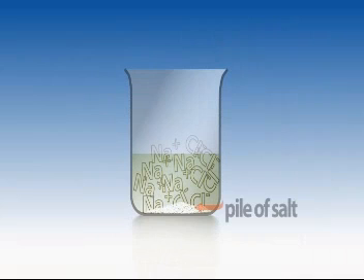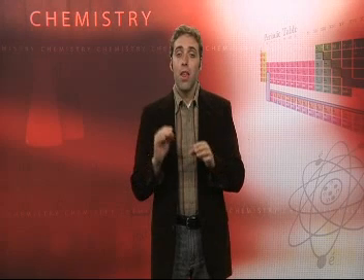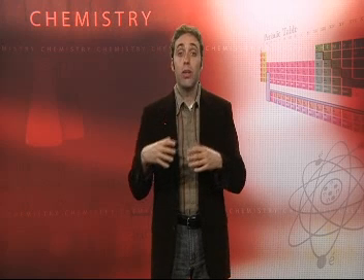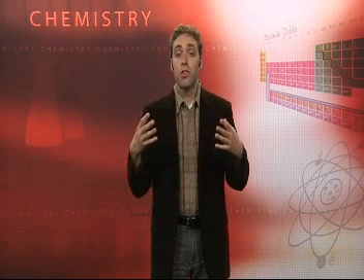Once this occurs, the concentration of the sodium and chlorine ions remains constant and the system reaches equilibrium. The amount of salt that must be added to a given volume of solvent to form a saturated solution is called the solubility of the salt.